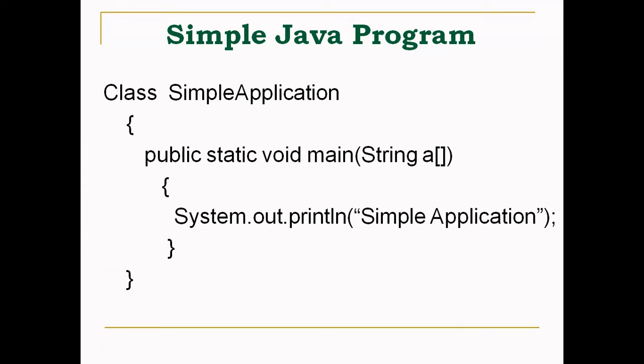Static means it is related to the class, not an object. Void means the function does not return any value. The name of the function is main. It accepts values in the form of a string array, that is the command line arguments.